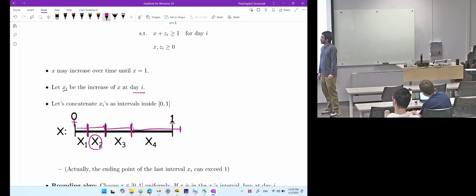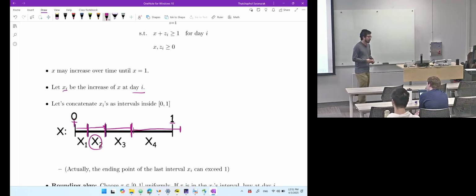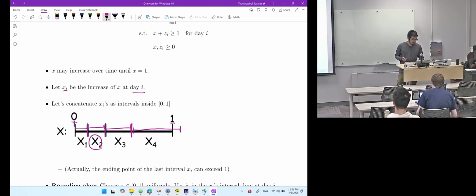Do you think this rounding algorithm will be randomized or deterministic? It must be randomized, right? If it's deterministic, we cannot hope to get better than 2. So what would be a natural way to get a randomized algorithm to decide when to buy?